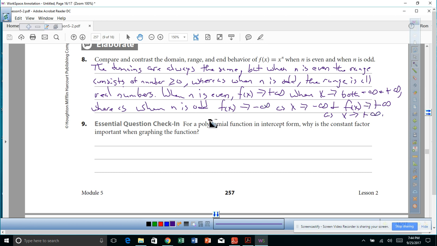Essential question check-in. For a polynomial function in intercept form, why is the constant factor important when graphing the function?